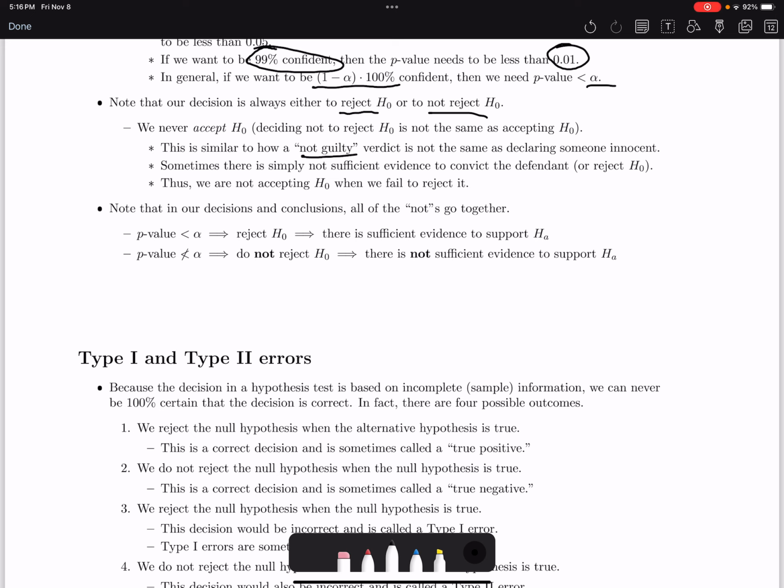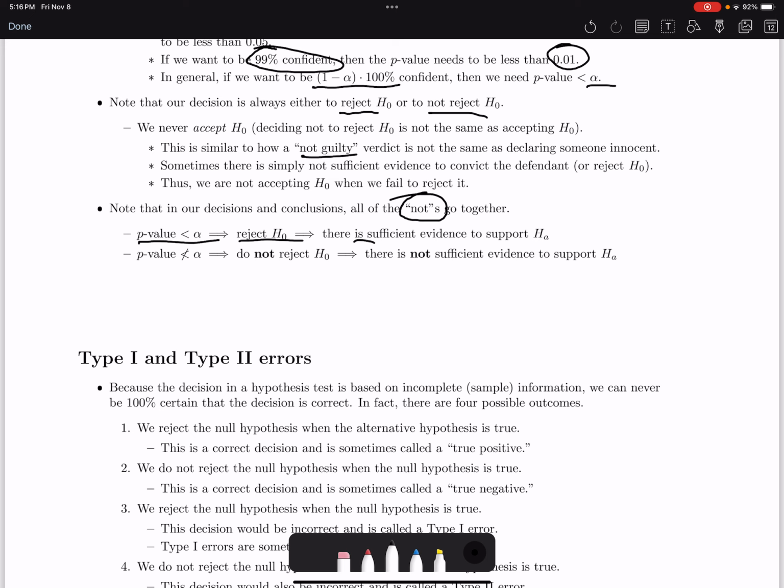And then finally, one last thing to note: in our decisions and our conclusions, all of the negations go together, right? All of the nots in our statements go together. There's never any mixing and matching in hypothesis testing. If our p-value is less than alpha, then we reject the null, and there is sufficient evidence to support the alternative, right?